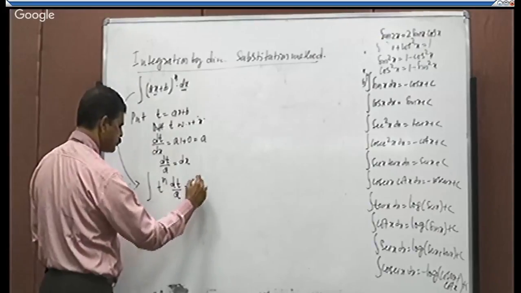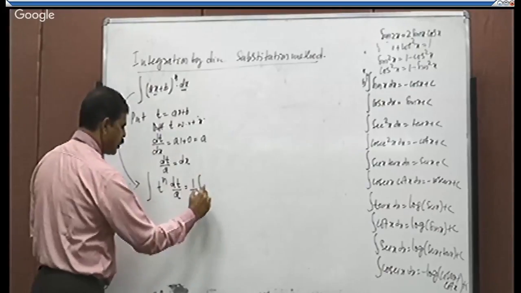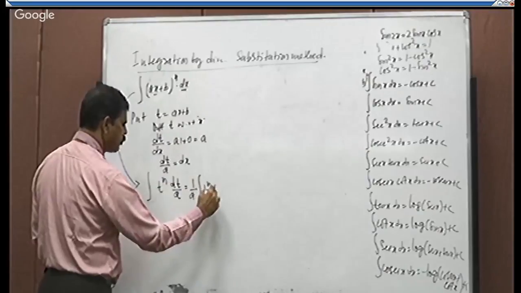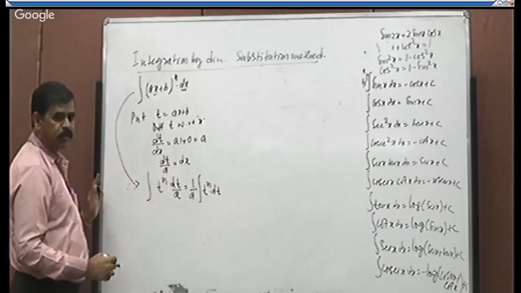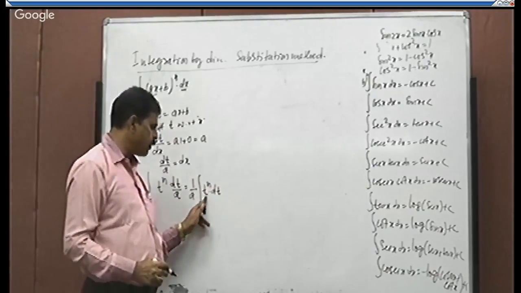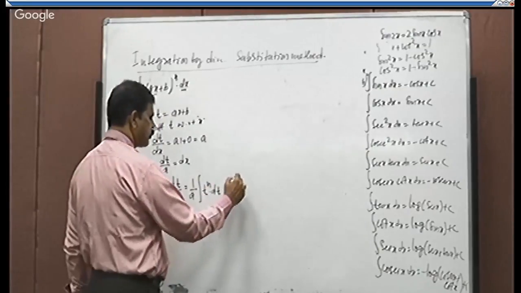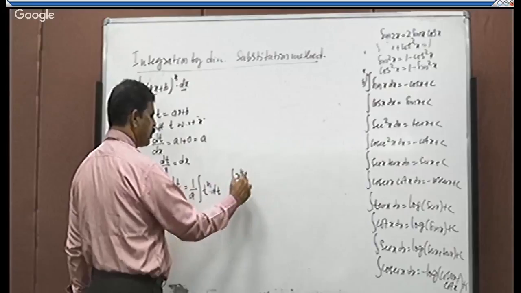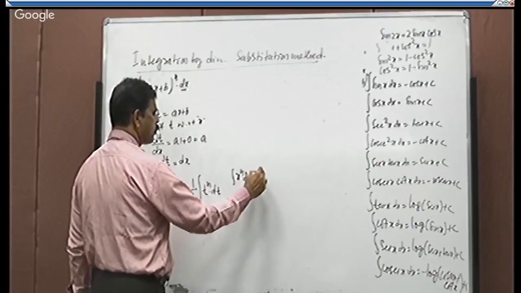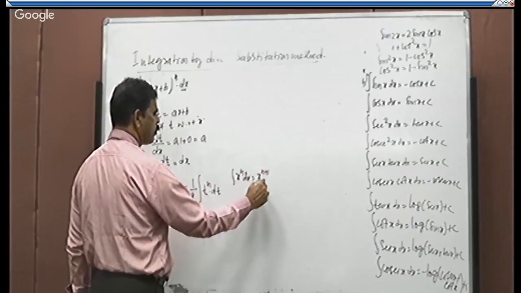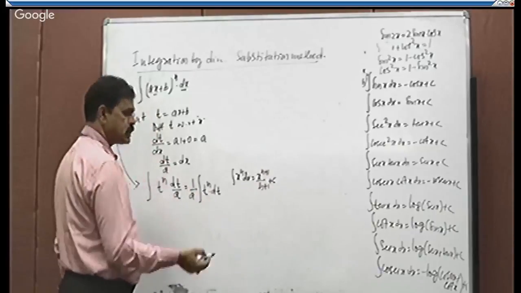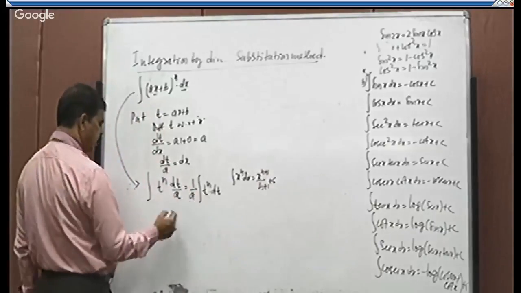You take it outside. Then t to the power of n into dt. It is of x to the power of n dx form. What is the answer? It is x to the power of n plus 1 divided by n plus 1, plus c. Right? Just replace according to that.